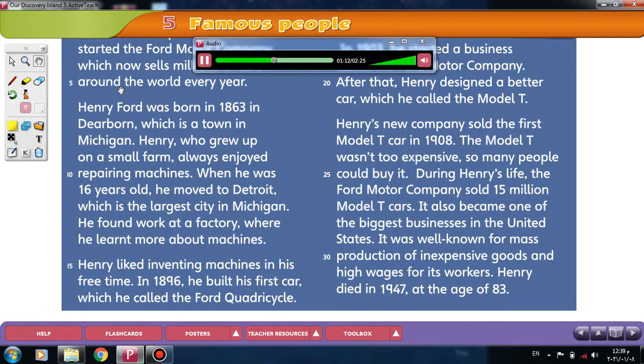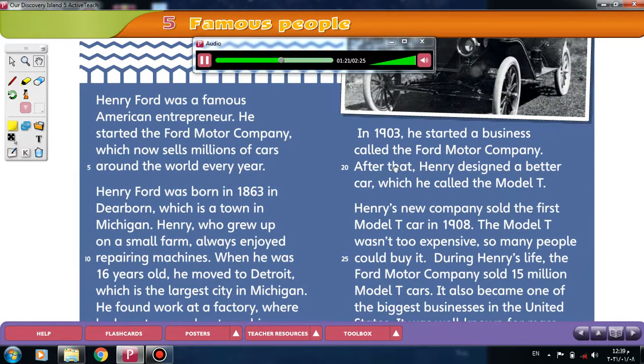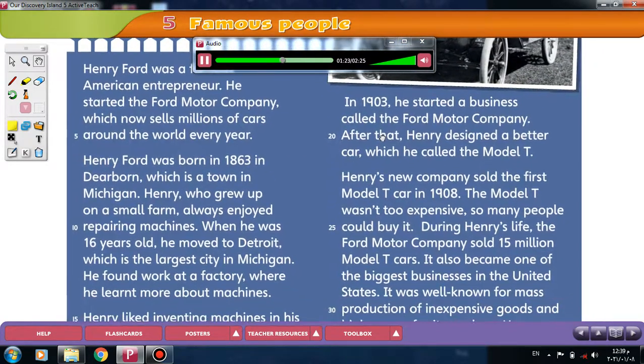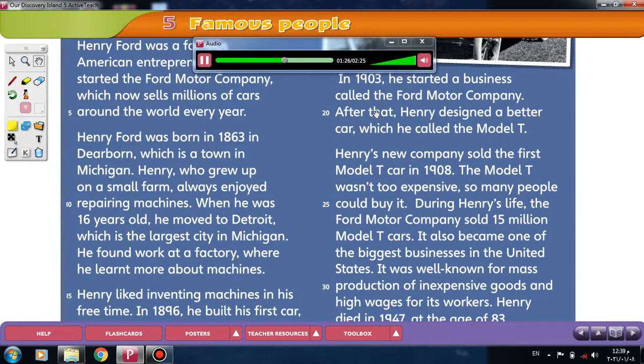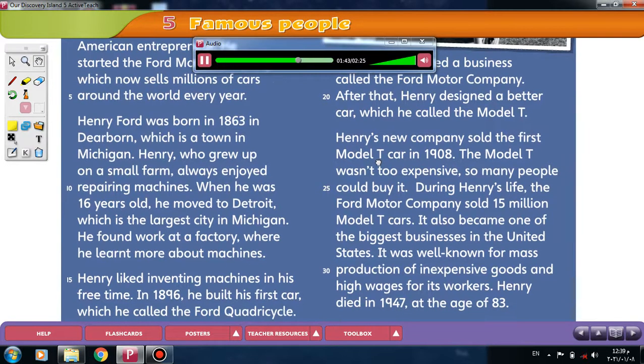In 1896, he built his first car, which he called the Ford Quadricycle. In 1903, he started a business called the Ford Motor Company. After that, Henry designed a better car, which he called the Model T. Henry's new company sold the first Model T car in 1908.